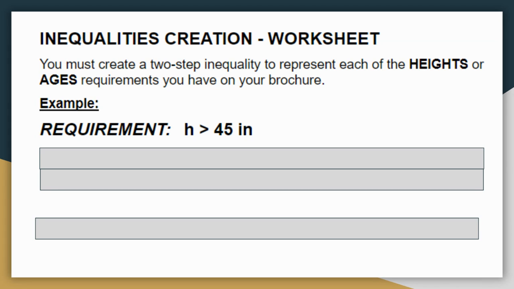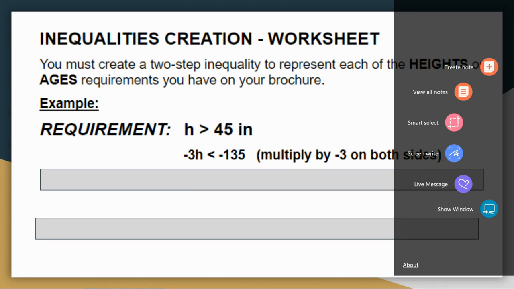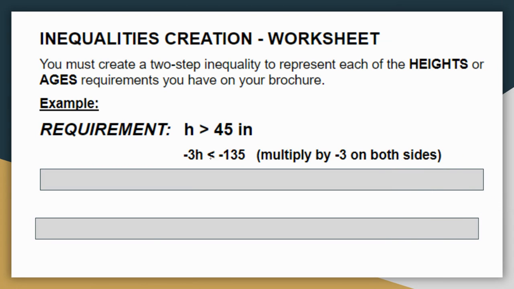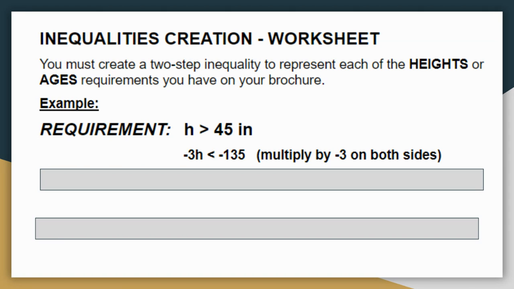In this case, I want to be a risk taker and I want to multiply by -3 on both sides. When I multiply by -3 on both sides, notice that my sign switches. This is really important.